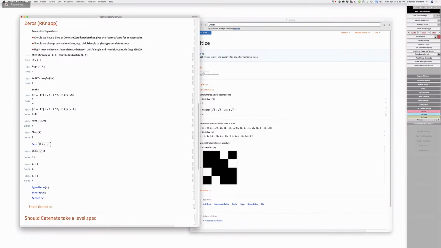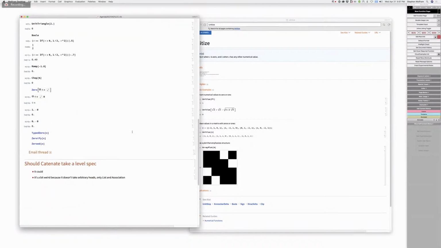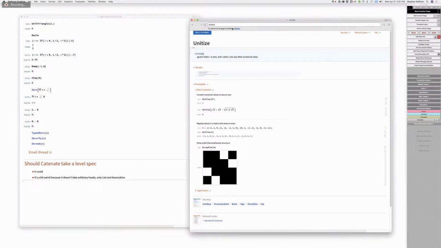The other place where we have type inconsistency are things that suddenly return pies or indeterminates. Those are more mathematically meaningful. But here, where it's really just 0 versus 0., why not fix it? Right. Let us continue.